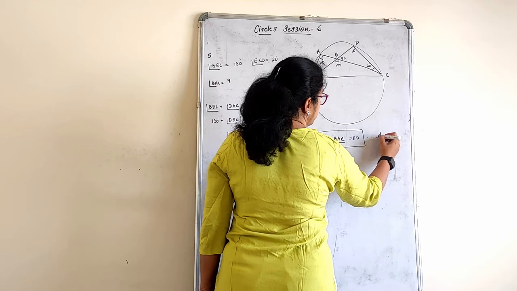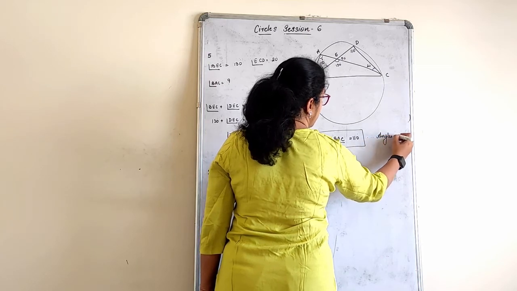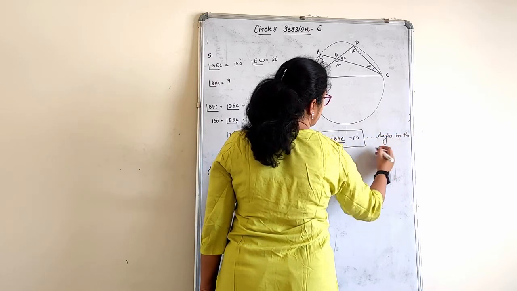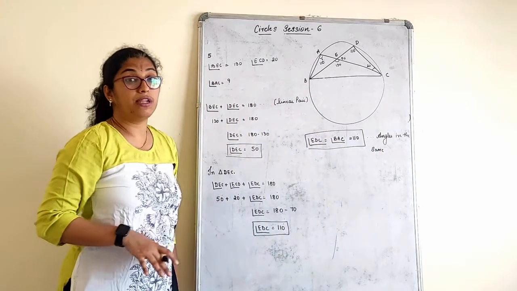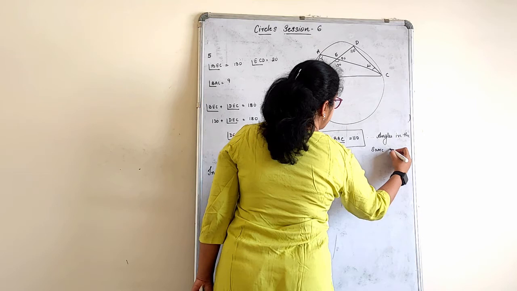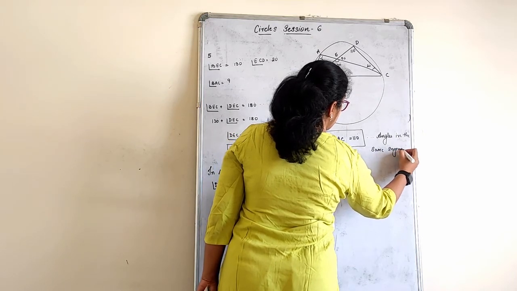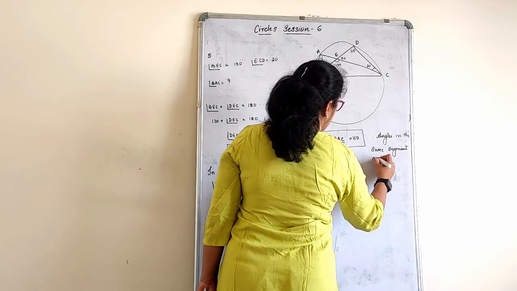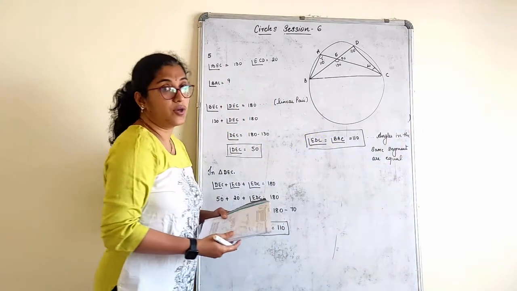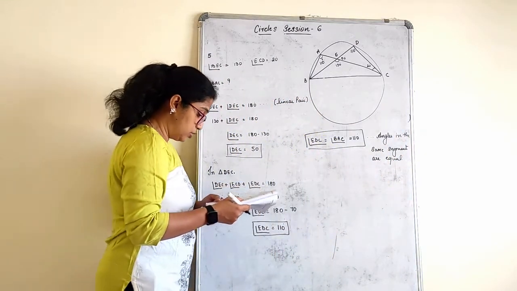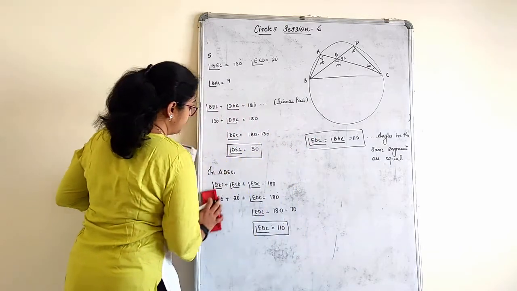Reason? Reasons have to be written. Without a reason, if you say they are 110, it is absolutely wrong. Angles in the same segment are equal. Okay? And the last one for today's session.